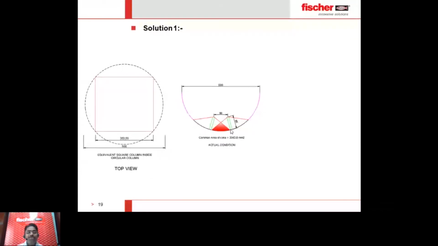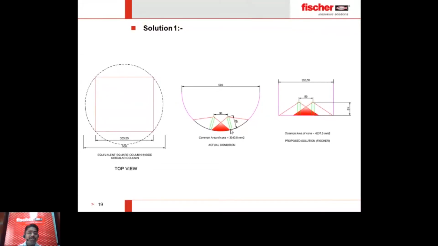Now we thought we will not go for that. We will go for a more conservative method, so that no failure happens. To make sure of that, we consider a small square inside the circular column, and we consider a straight anchor design. In the actual case, the anchor will be concentric, but in the design method, to make it more conservative, we kept the spacing 90 mm on a flat surface.